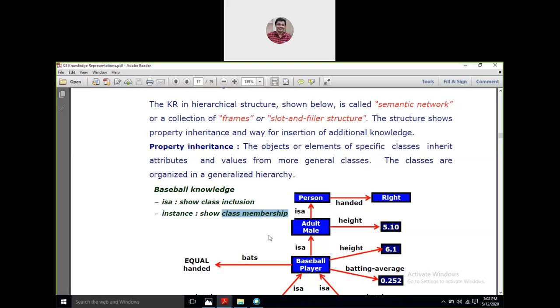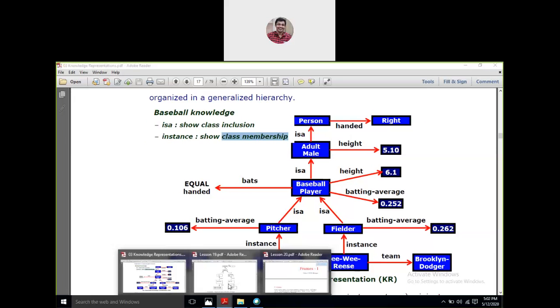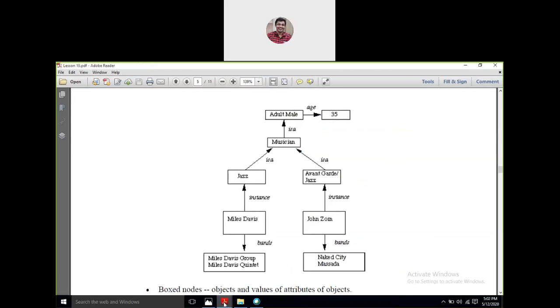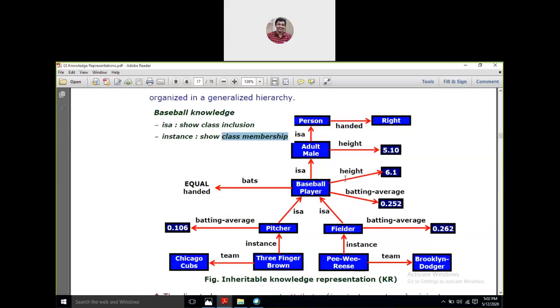Now, this is one of the examples, or you can go to this example also. Both are the same. Other than the video lectures that I've already put up, it is better to go through this. If I'm picking up something like Three Finger Brown or PV Reese, what are they?